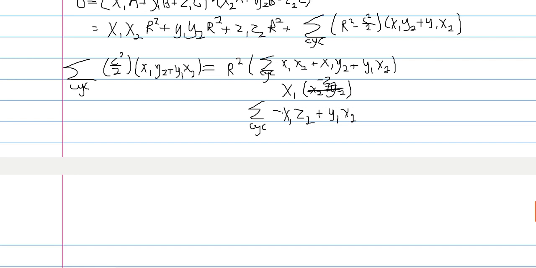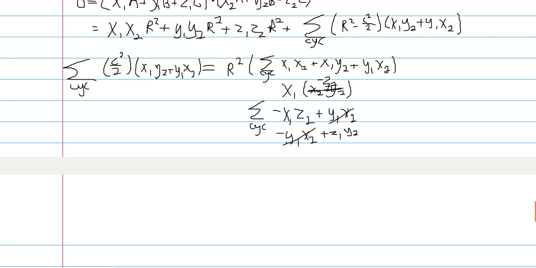And this will actually telescope because the next term of x1 z2, x goes to y, so you would have negative y1, and z goes to x, so you would have negative y1 x2. So these cancel out. And the next term here would be z1 y2.